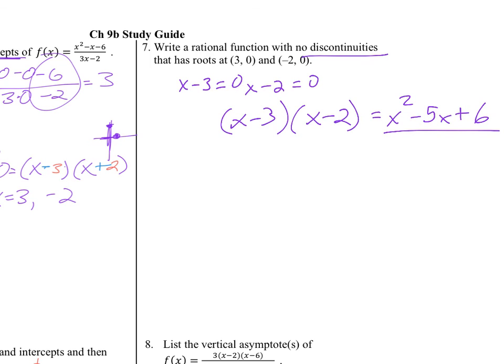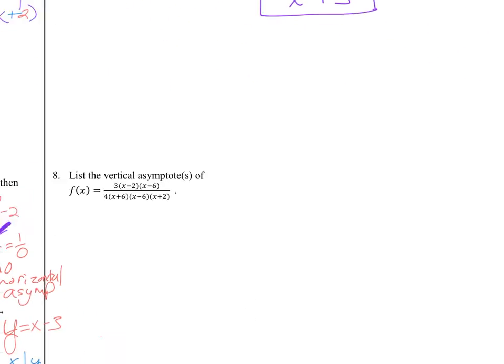Okay, to have no discontinuities, I need something that has no 0 to it, right? So something like x squared plus anything. It's going to have no zeros because otherwise they'll be imaginary. Remember? So just something like that at the bottom, you're fine. There's no discontinuities, and this would have roots at (3, 0) and (-2, 0). So I'm going to put a box around it so my teacher knows I know what I'm doing.